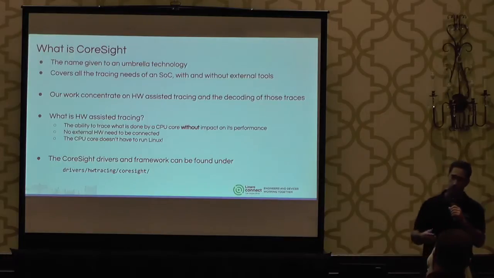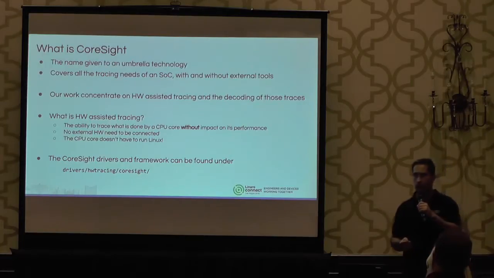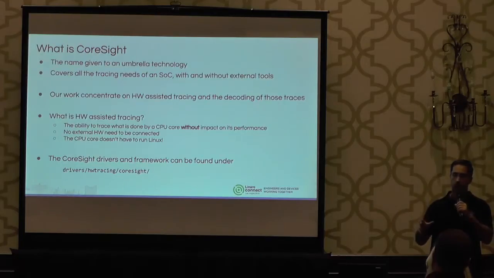We've been working on this for a little while now. We have been able to produce a set of drivers. There's a framework that glues everything together. And as I mentioned, everything has been integrated with Perf, and all of the work that we have done that is related to the kernel side of the solution is found under drivers hardware tracing CoreSight.